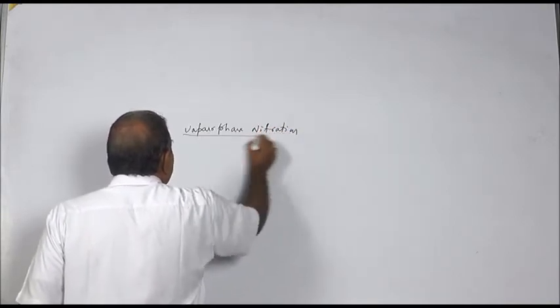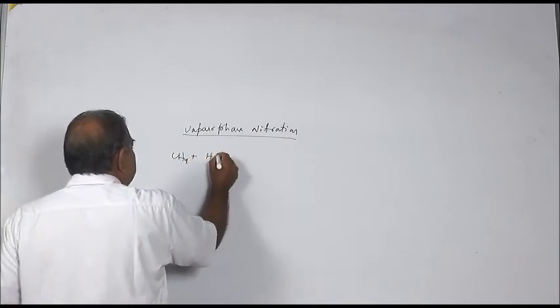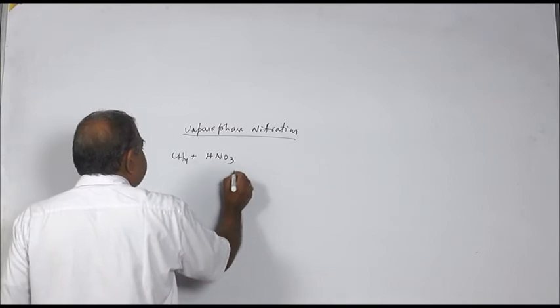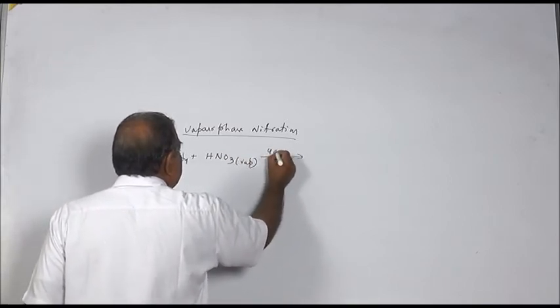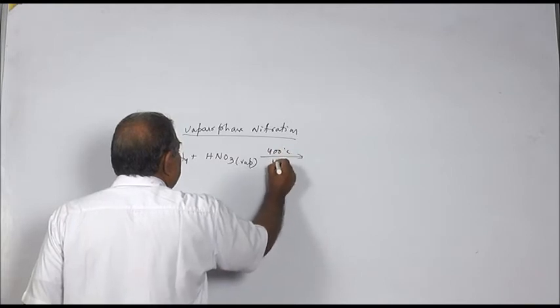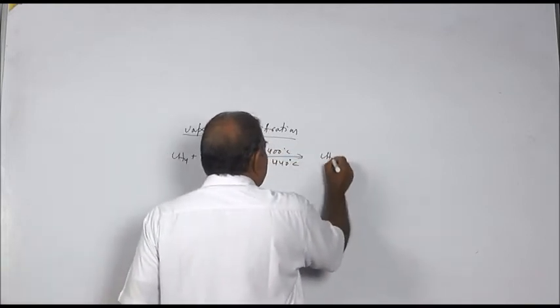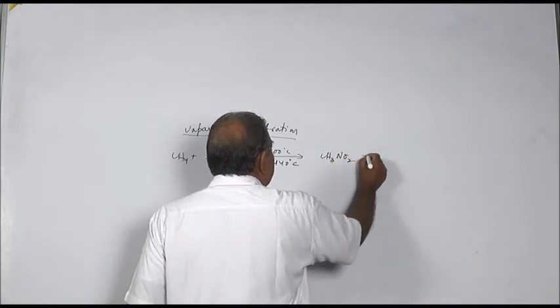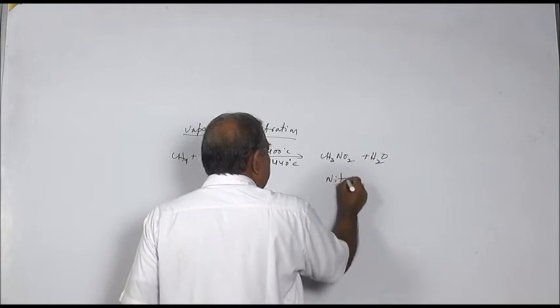Nitration of lower members of alkane, say methane, with nitric acid vapor between 400 to 440 degrees centigrade, you will get nitromethane plus water. You are getting nitromethane.